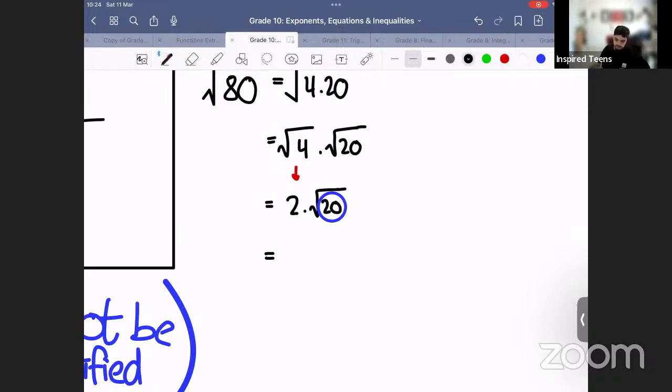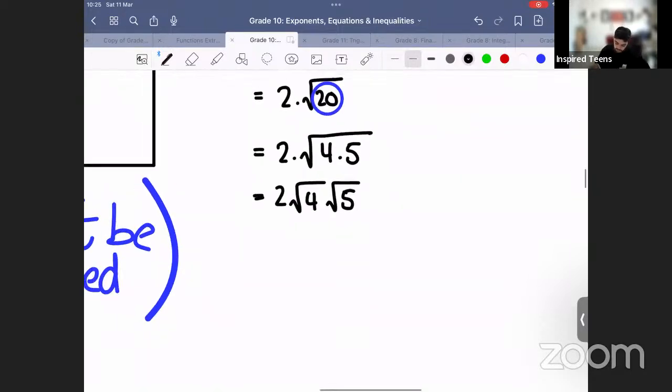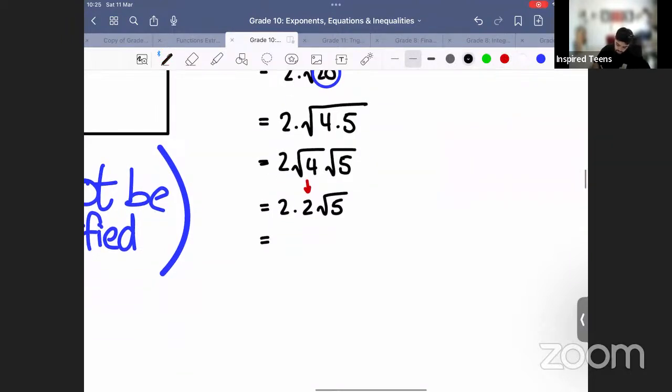Correct, 4 and 5. So I can do 4 again. So I can say 2 times square root 4 times 5. I haven't changed the value. I know that I can write this as square root 4 times square root 5, all multiplied by one another. And then 4 can change into 2 square root 5. So you get 2 times 2, which is 4 square root 5.